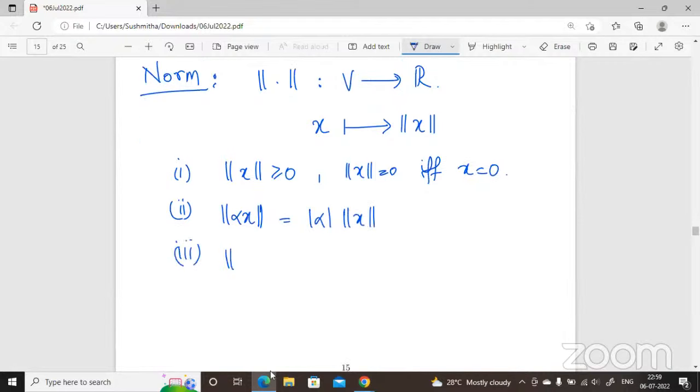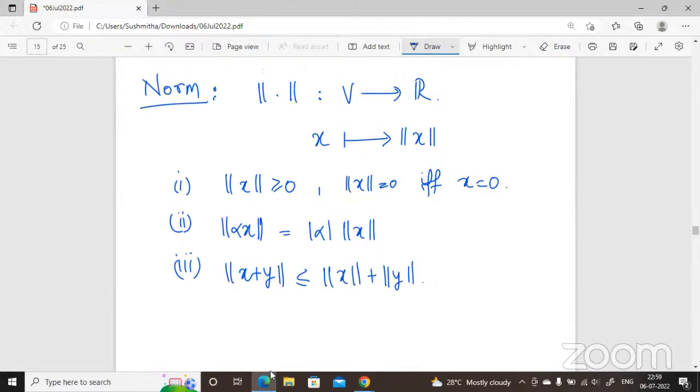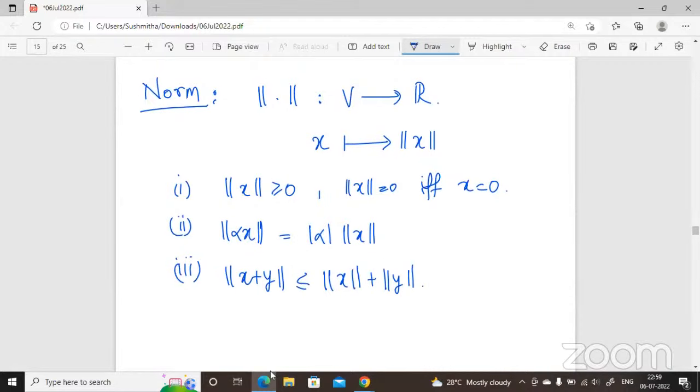And then the triangle inequality: when you add two vectors, the length is less than or equal to the sum of the lengths. So a norm is a function satisfying these conditions. To check whether something is a norm, you have to verify all these conditions for all vectors in the vector space. We have discussed this a lot.